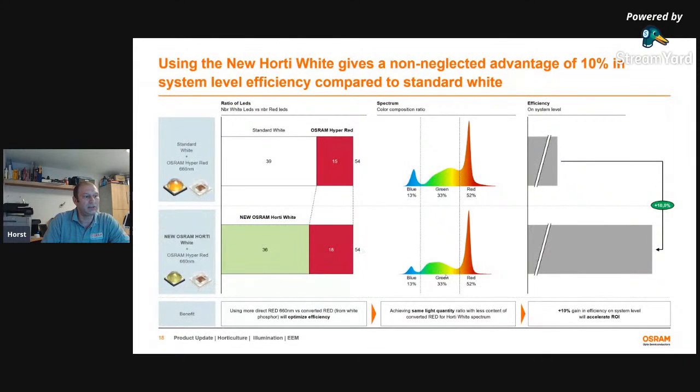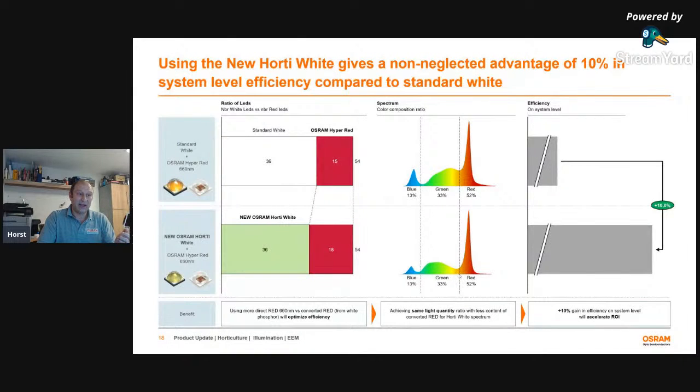We use another phosphor, which is more focused on the greenish area. So we take more blue light and convert this blue light into greenish light. But this phosphor is different to the one on top, so that we have a minimum of yellowish and orange light.